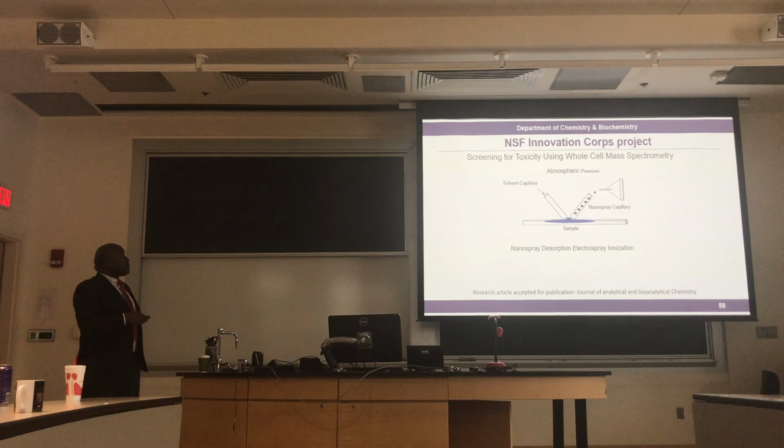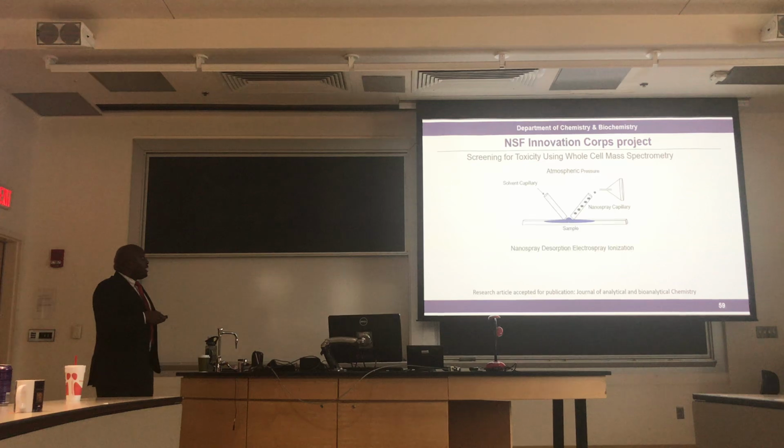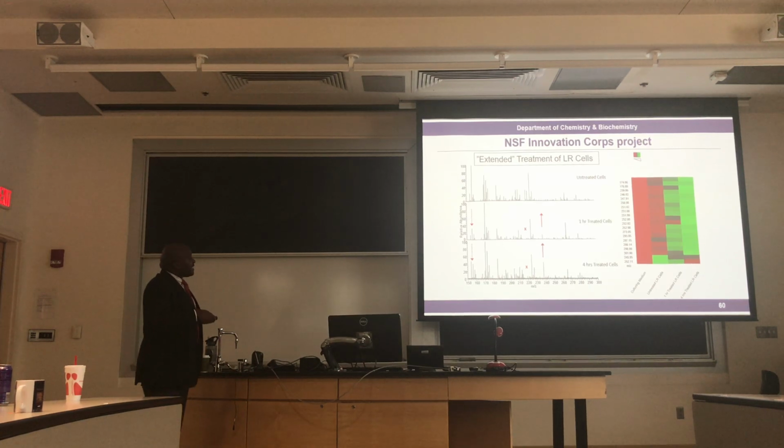It is atmospheric ambient pressure ionization. So you have the solvent capillary, the solvent comes in and it is sprayed on your sample, and then you have a nano spray capillary, and this nano spray capillary is attached to a source of voltage, and this enables the ions to move into the mass spectrometer.